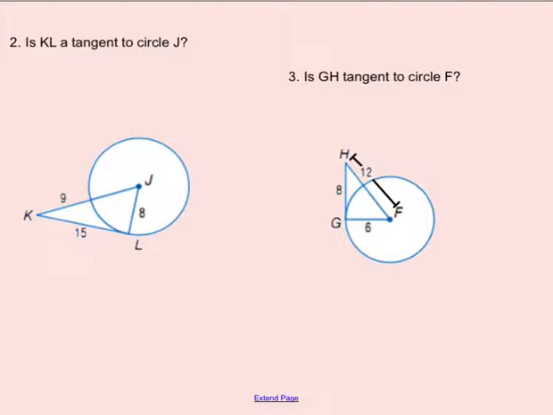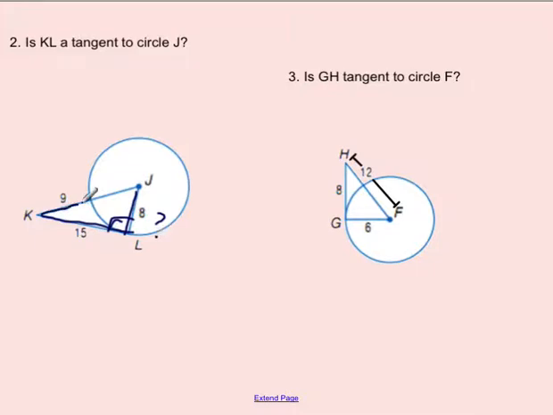Let's take a look at number 2. Is KL tangent to circle J? Here's my radius on circle J, JL. Then I have this point of tangency, which is 15. I want to figure out if it's a point of tangency, and to do that, I need to see if that is a right angle. I notice I have a triangle here, so I might want to use the Pythagorean theorem.